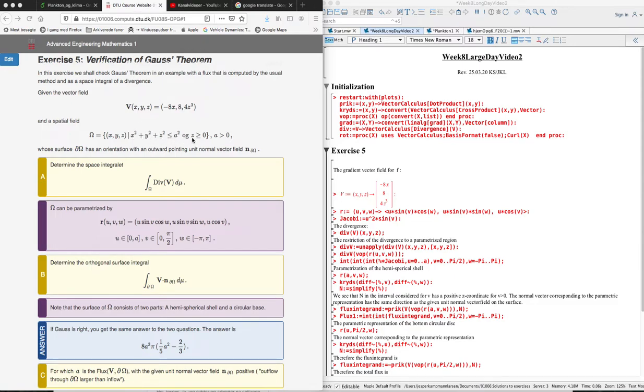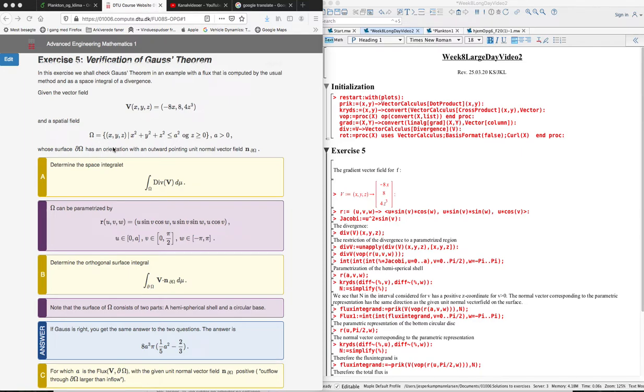It's a hemisphere. You see z is greater than 0, so it's a hemisphere with radius a. What we want to determine is the flux outside the bounding surface of this hemisphere.